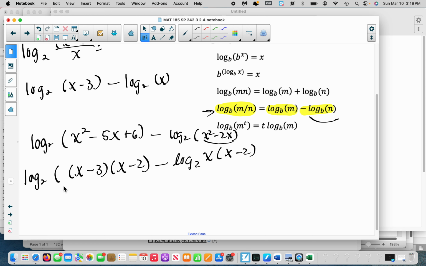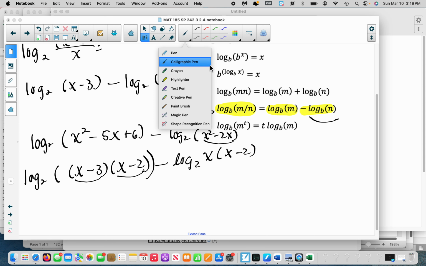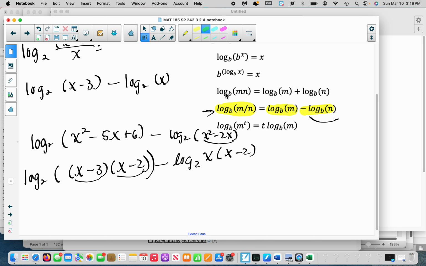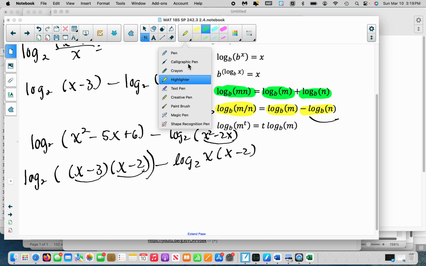All right, let's take this first term. So now I have a log of a product. So I can rewrite this using that if I have the log of a product, I can take the pieces and add them together. All right, so let's rewrite this.